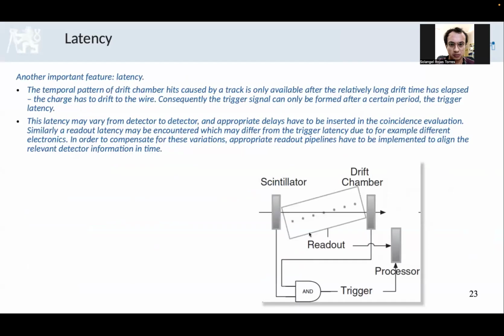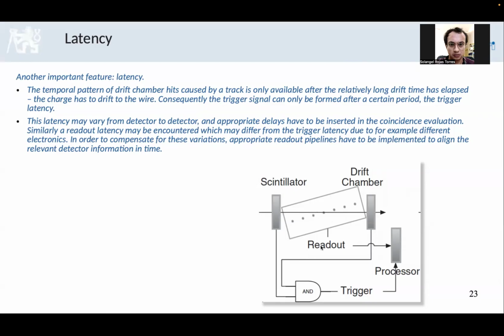So in this architecture you have some latency, because normally these detectors are slower than the triggers that you use. Well, actually, you want a very fast trigger that is at least a little bit faster than the detector that you are reading.